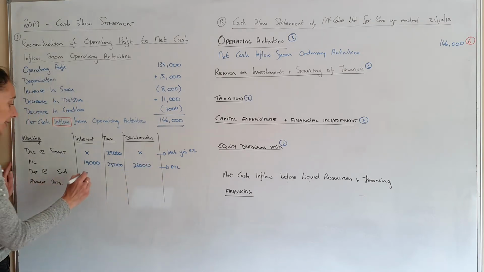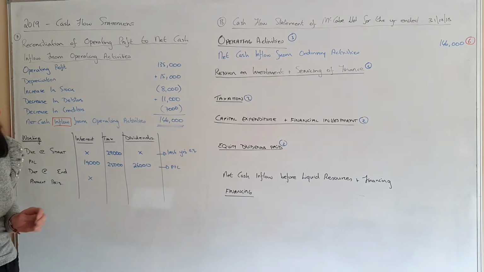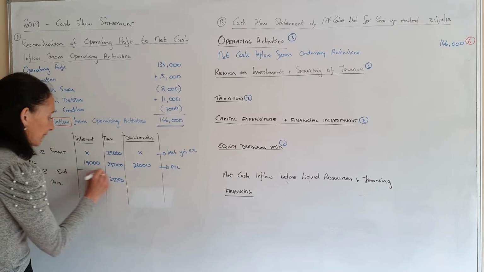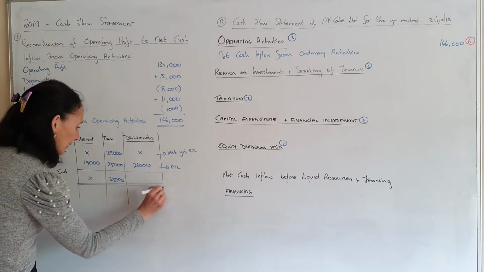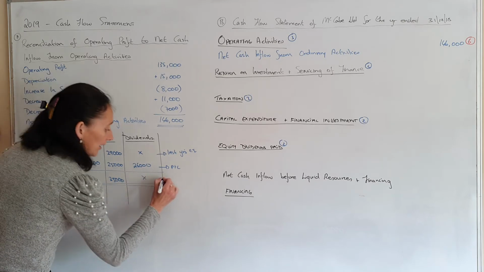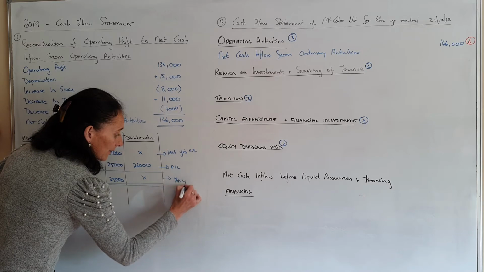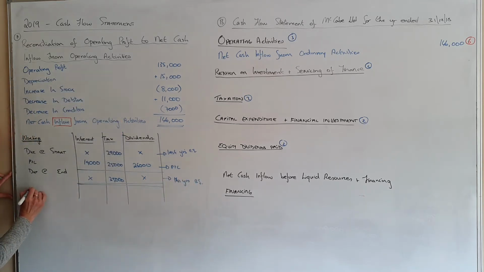Now, due at the end, there's no interest due at the end. There is tax due of 25,000. Okay, so this is the way your accounts look. And there's no dividends due, and that's this year's balance sheet. Okay, so I want to know how much was paid.